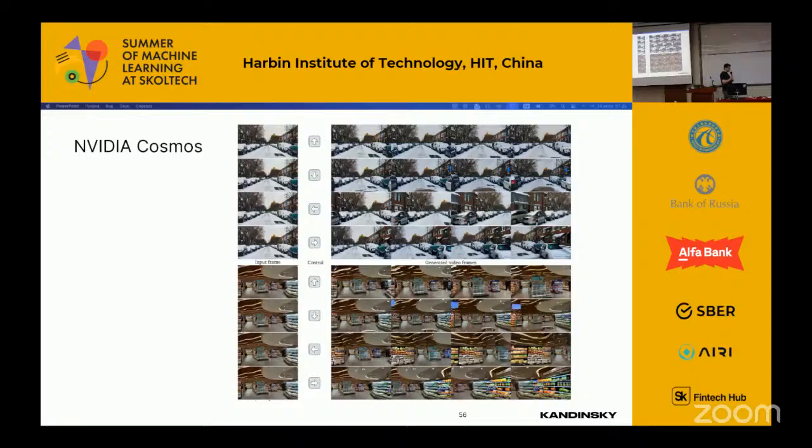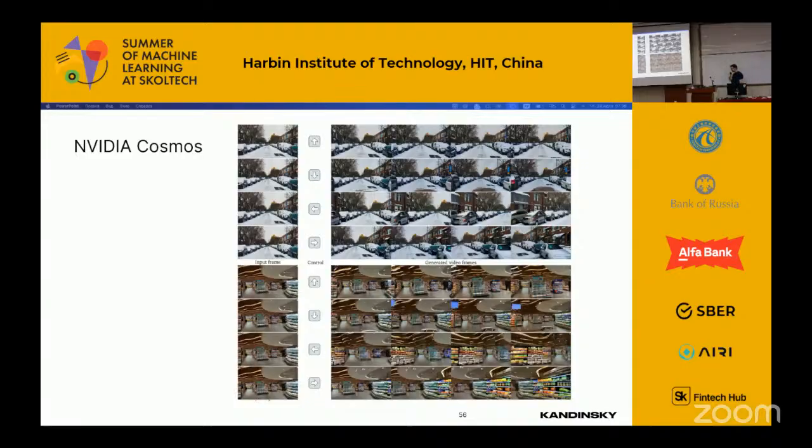What else about world models? I highly recommend reading the new NVIDIA Cosmos paper. They train several architectures, and they compare the autoregressive transformer to the diffusion transformer in terms of the video generation task.